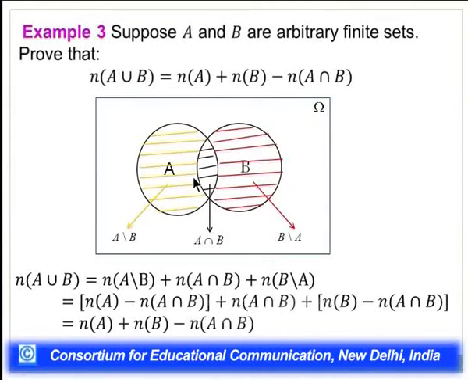Now, we can divide this into three mutually exclusive regions. If you see here, we have divided A union B into this orange region, which is just the set A. Then we have the overlap, which is the black region, and then we have the red region.